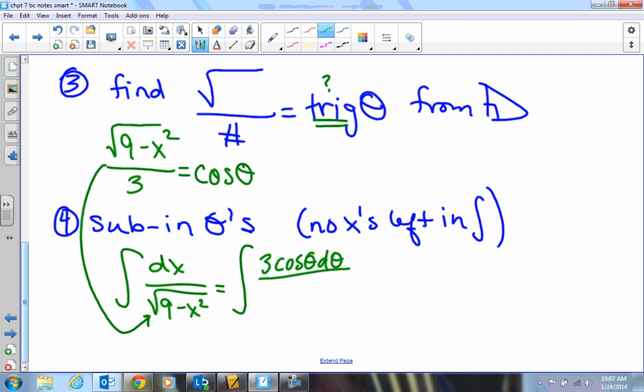So that will equal 3 cosine theta. So that's actually going to equal the integral of 1 d theta. And the antiderivative of 1 is not x because we are in theta. So this would be theta plus c.